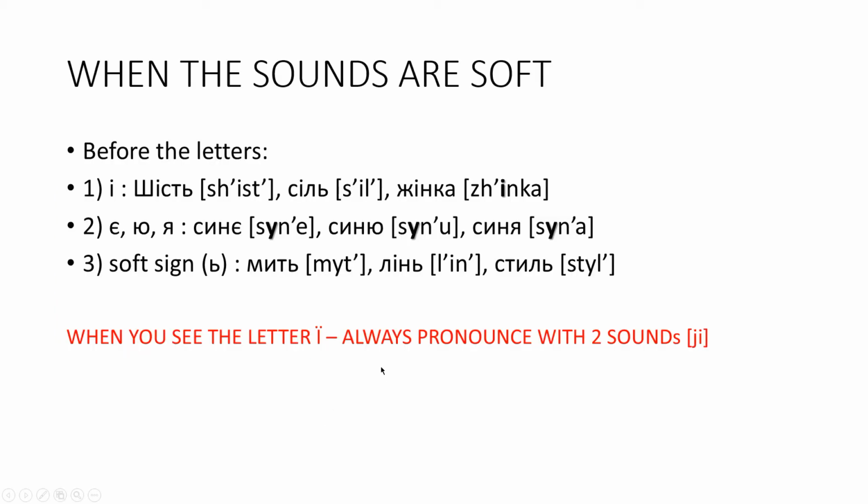Okay, and now you could ask me, how can I distinguish how I should pronounce in soft or hard way? Okay, there is a rule that tells us when we have to soften the consonants.